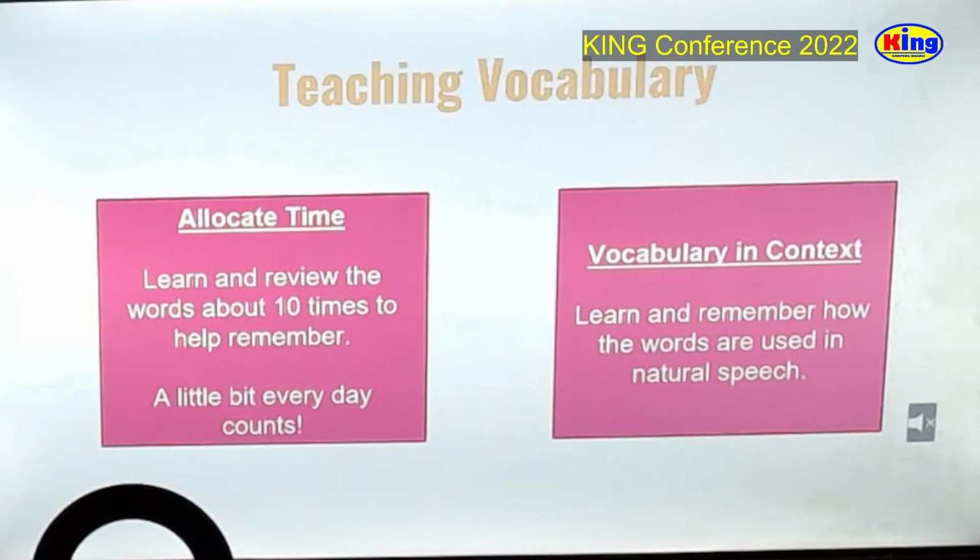And then you can use vocabulary in context. Learn and remember how the words are used in natural speech. You can combine this with your flashcards. For example, flashcards are very useful for young learners to gain many vocabularies.